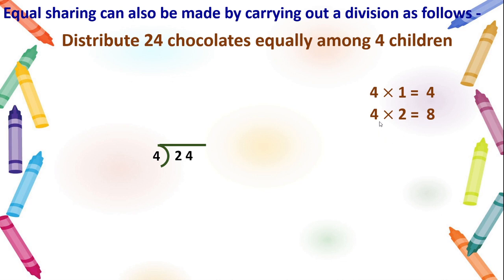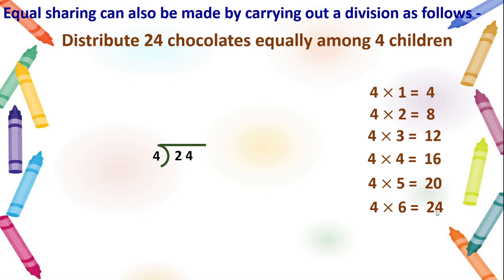Okay, we will go through: 4 twos are 8, 4 threes are 12, 4 fours are 16, 4 fives are 20, 4 sixes are 24. Here we got 4 sixes are 24. Okay, this we will use.